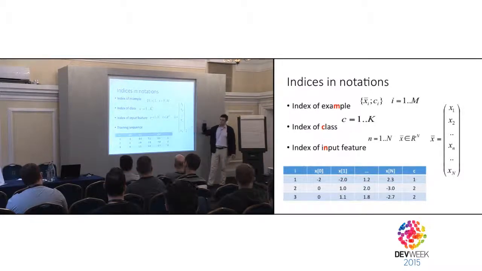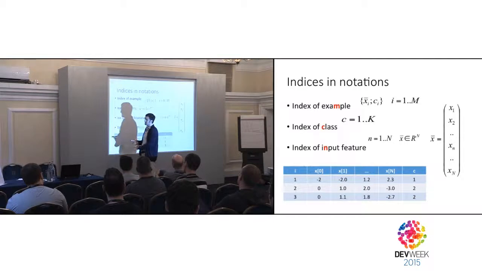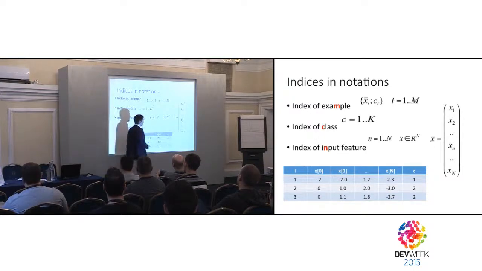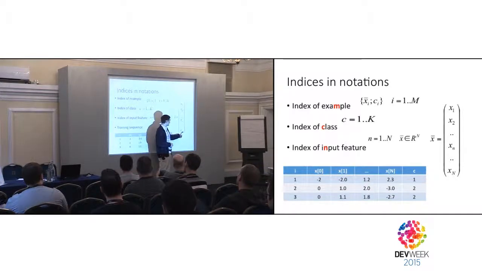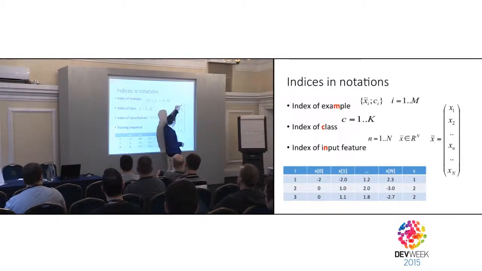For example, we say we will be measuring weight and size of an object, so that will be a two-dimensional pattern recognition task. So we denote the number of features used with a big letter N. And so we can say that the index of input feature takes values from 1 to big N.